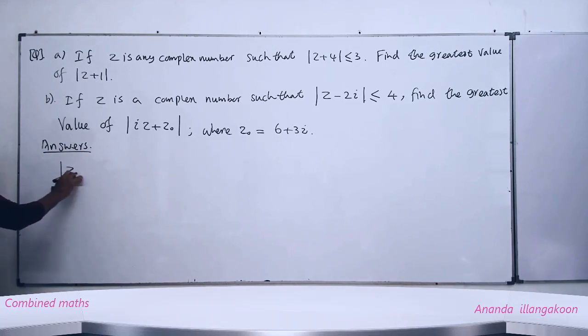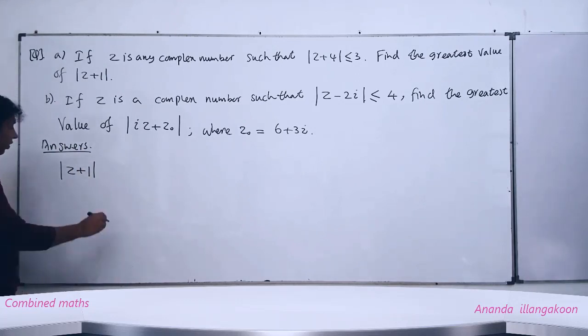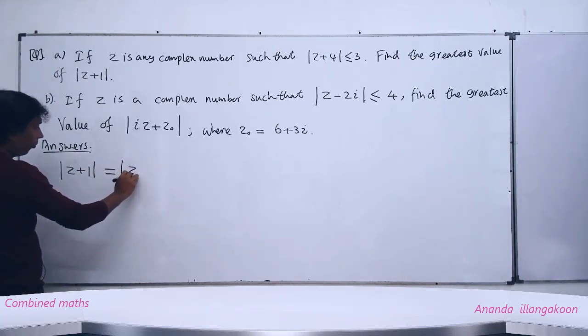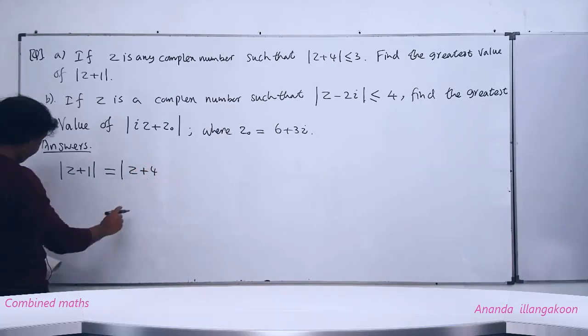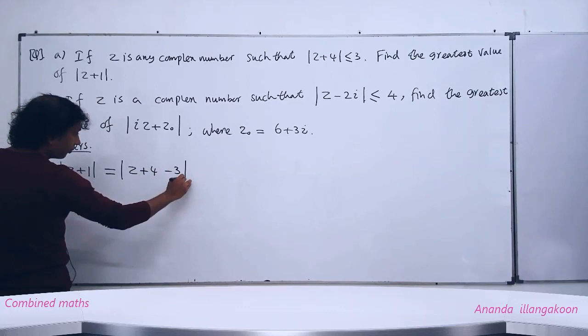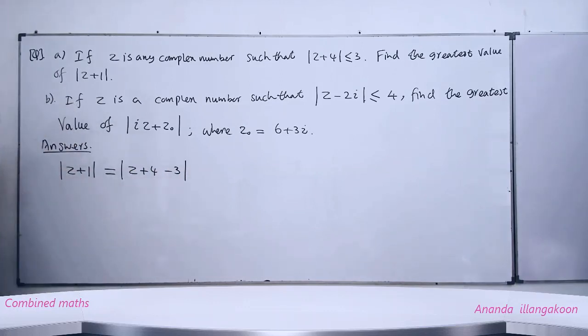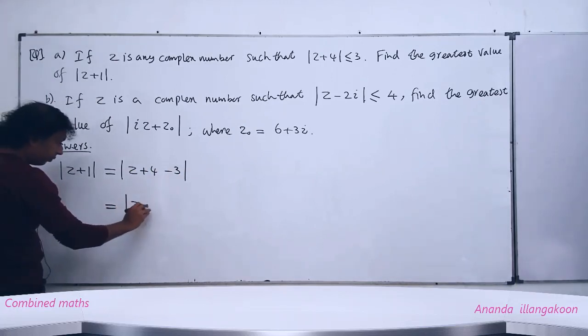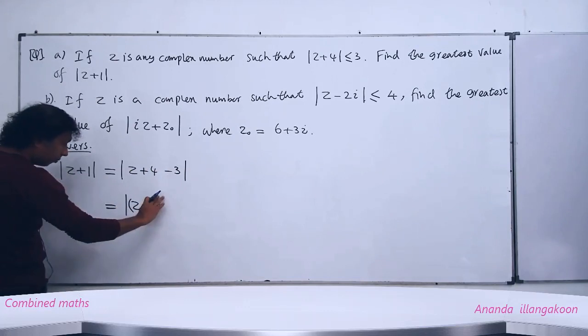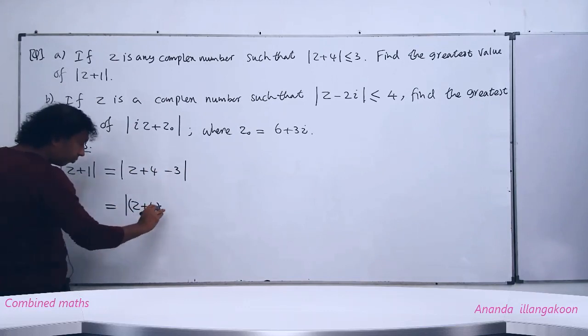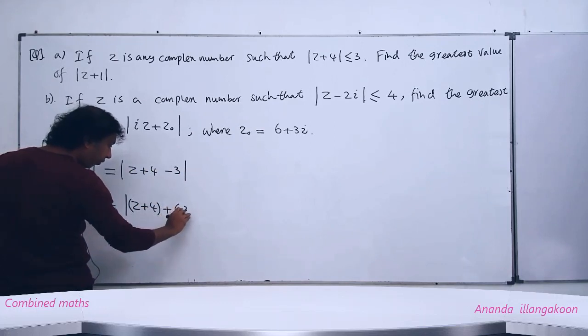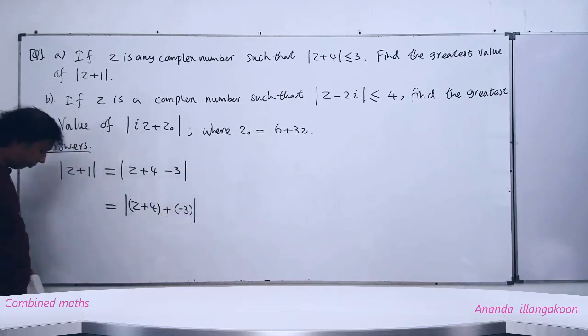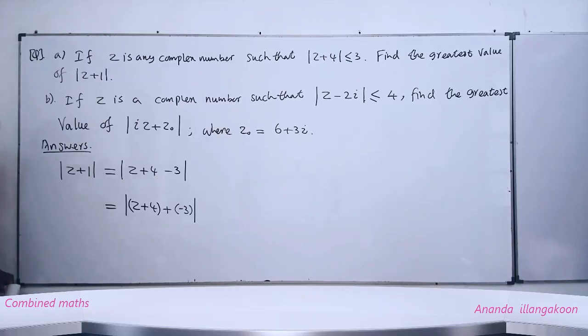We need the greatest value of |Z + 1|. This we can write as |Z + 4 - 3|. Z + 4 is one complex number plus minus 3, another complex number. This is Z + 1.